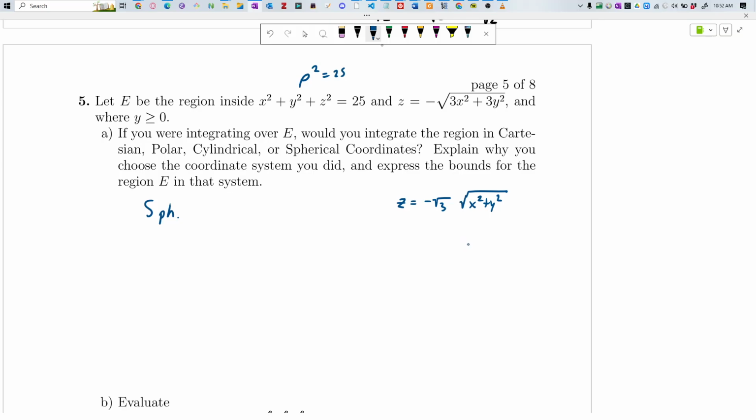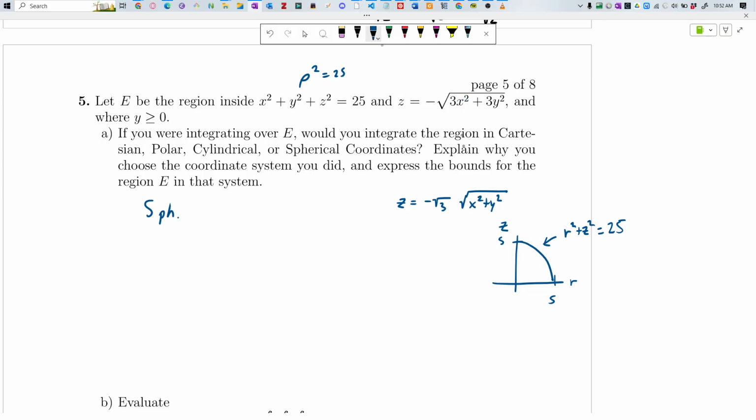Do I want to entertain that option? In r and z, r squared plus z squared equals 25 ends up being a circle. So this describes r squared plus z squared equals 25.